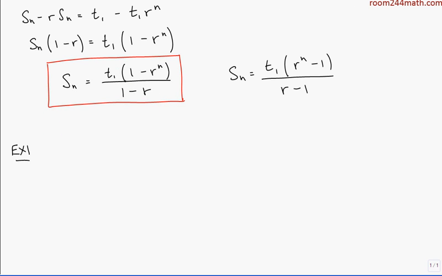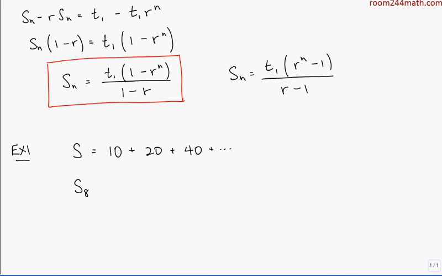Let's say we have a sum of a geometric series, and it's 10 plus 20 plus 40, etc. So there's your geometric series. Each term forms a term in a geometric sequence.